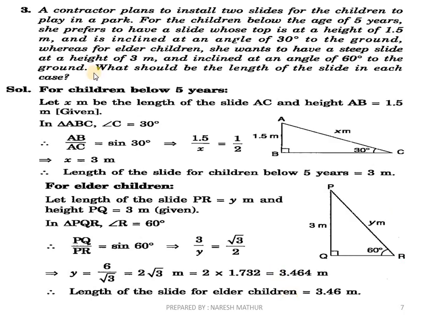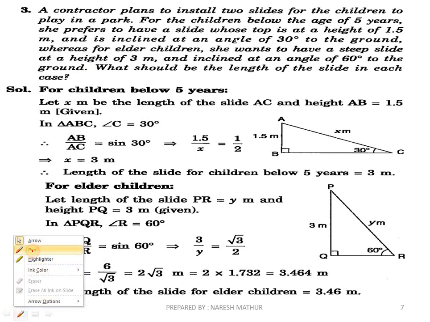Easy. In the next question, a contractor plans to install 2 slides. We are given the condition that a contractor needs to install 2 slides, one for children below 5 years, and one for the elder children.